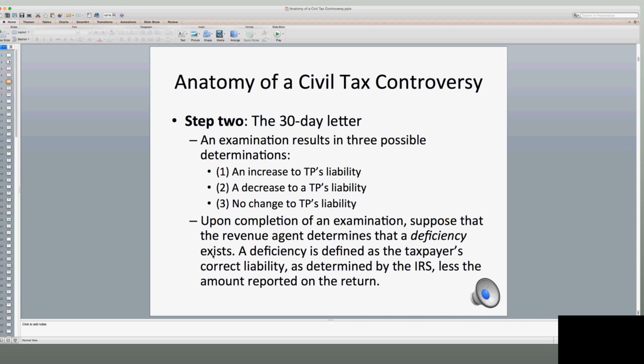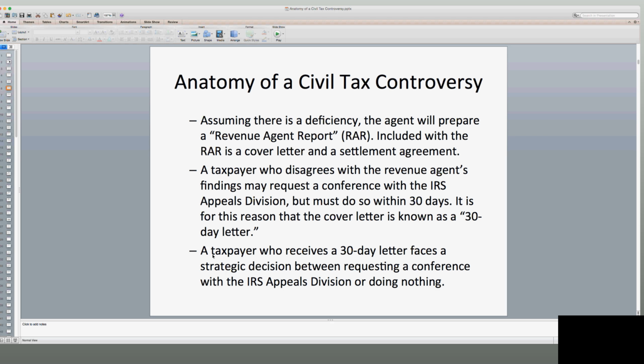So again, it's important to have a solid understanding of that definition. Assuming there is a deficiency, the agent will prepare what's called a revenue agent report, an RAR. Included within the RAR is a cover letter and a proposed settlement agreement.